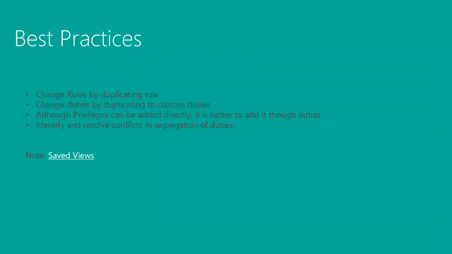It's better you group all of those privileges into one single duty and then add it, so that you can maintain that duty in the future, and you understand how many roles this duty is referenced in, and what happens if you're changing or modifying it. For easy maintenance, we always recommend grouping privileges and assigning them to a duty first, and then adding it to the role, instead of adding privileges directly to the role.